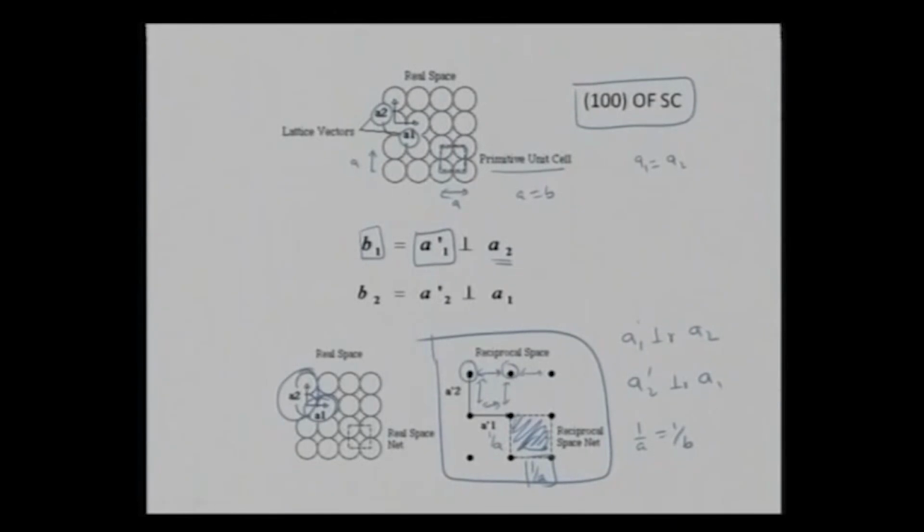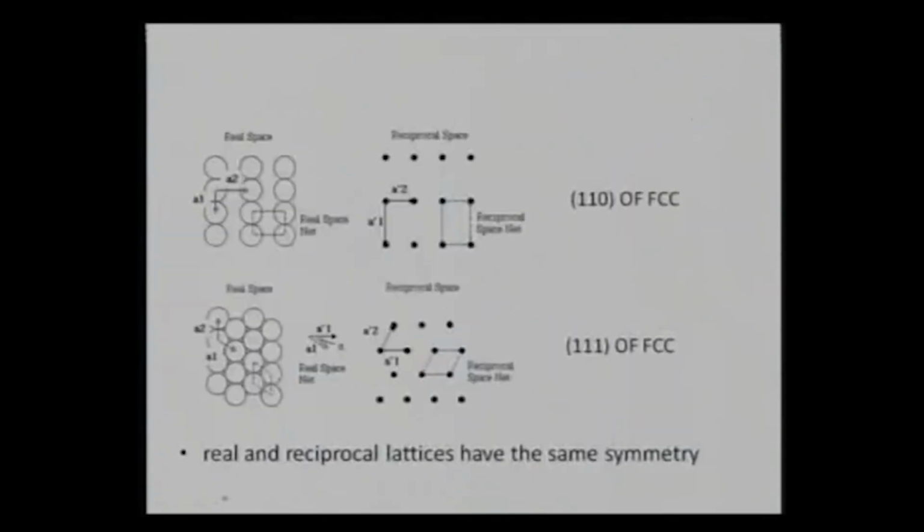So along this side my distance is same as along this side in the particular case of simple cubic of 100. Now let me go back to a different way in which we had considered the FCC lattice.